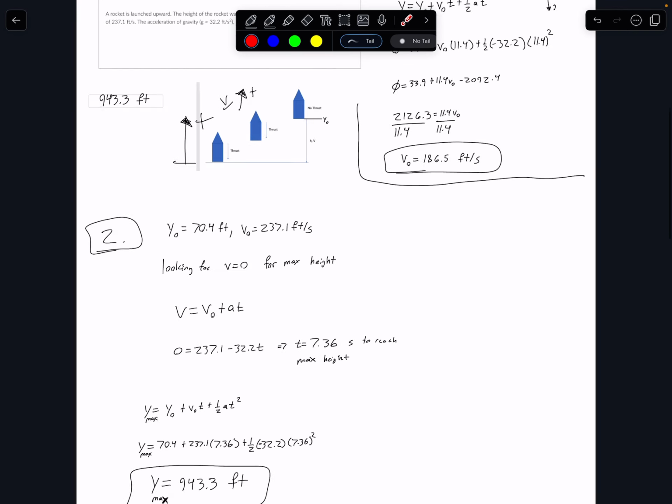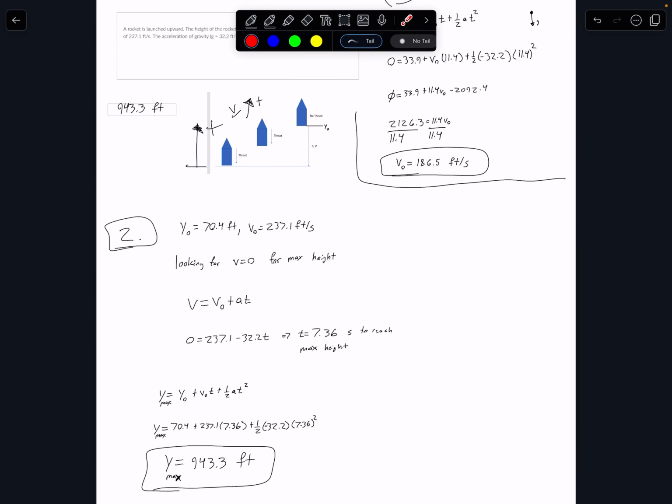Looking for the maximum height of the rocket, we can think of a height over time graph, or a position function.